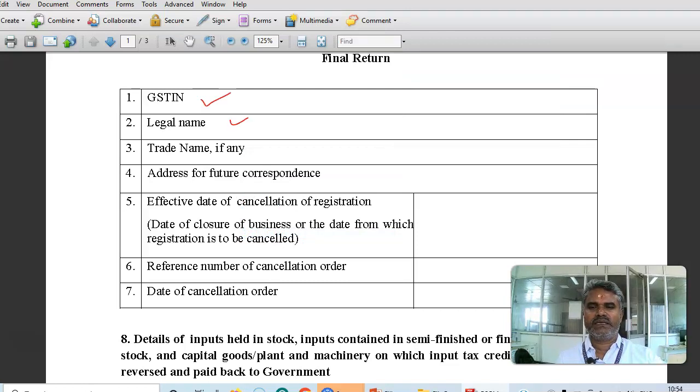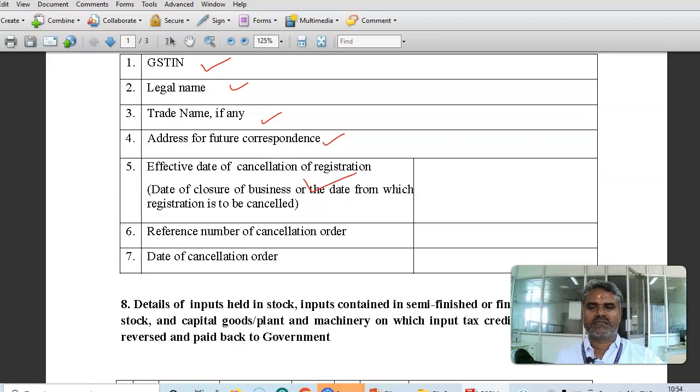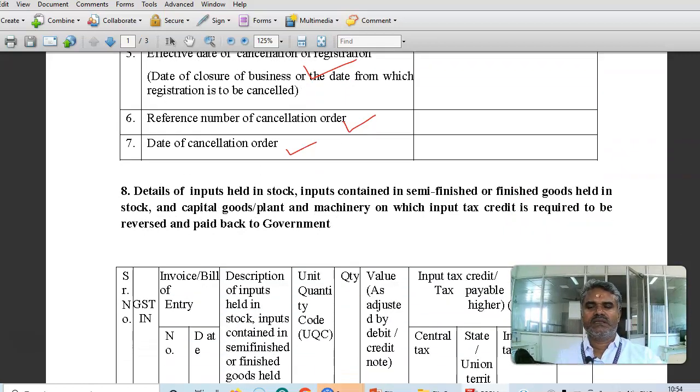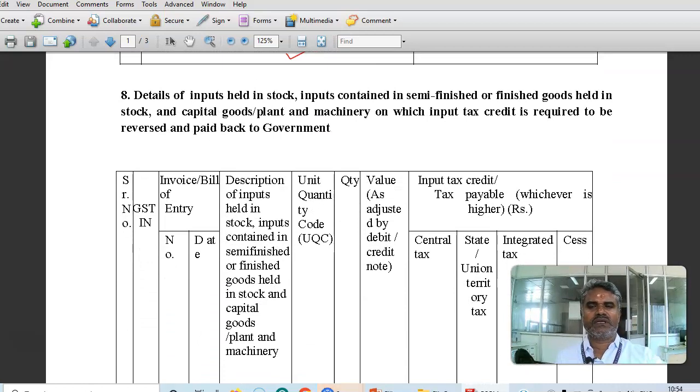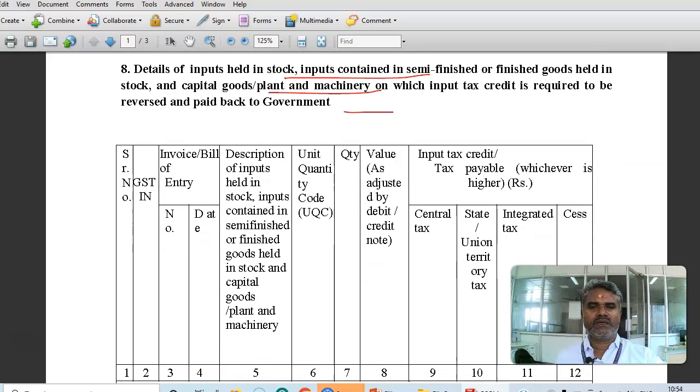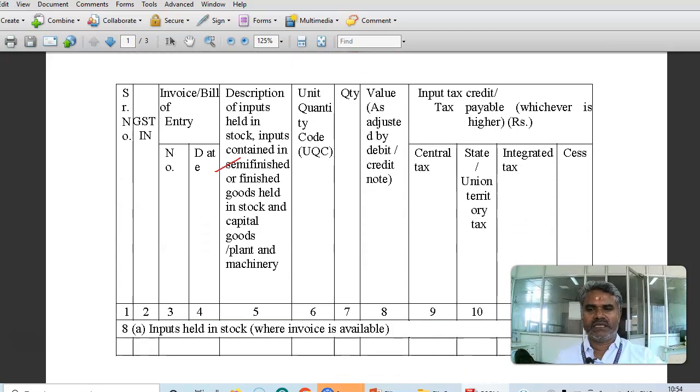GST number, legal name, trade name, address for future correspondence. Then the effective date of cancellation, reference number of the cancellation order, date of the cancellation order. Details of input: what are the stocks you have in hand, both capital goods and everything should be given here.